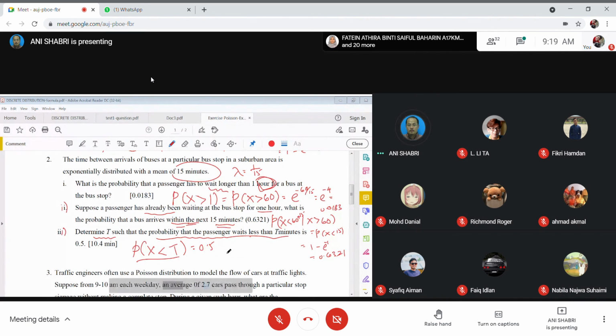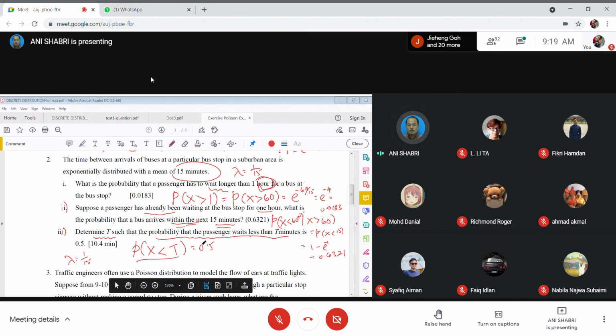What is the formula? The formula? Exponent negative. Macam mana? 1 exponent terus. Ini less. Lambda still same. Lambda is still same. Lambda is 1 over 15. It is the same question.